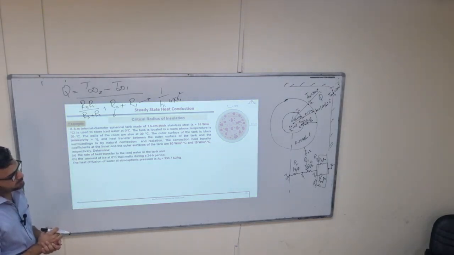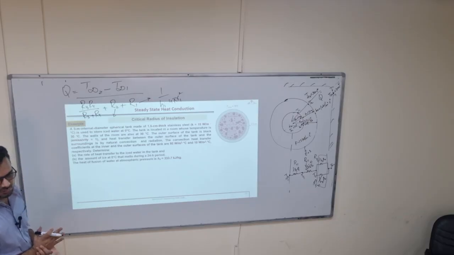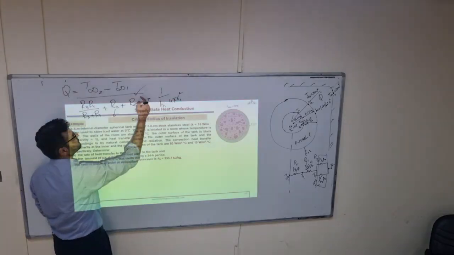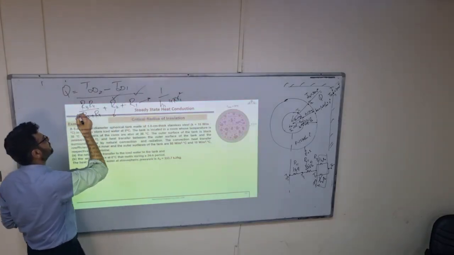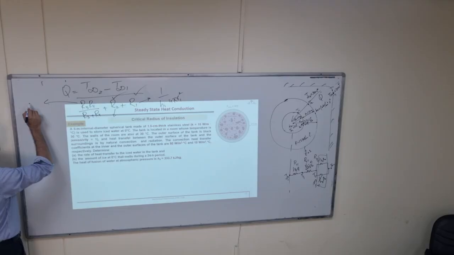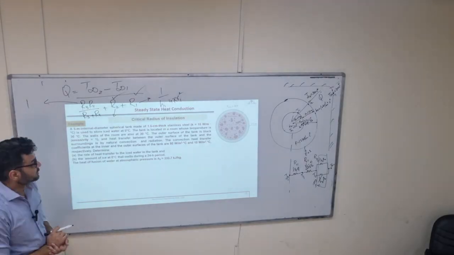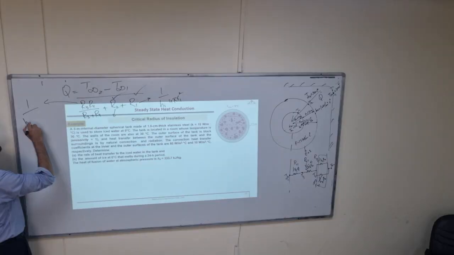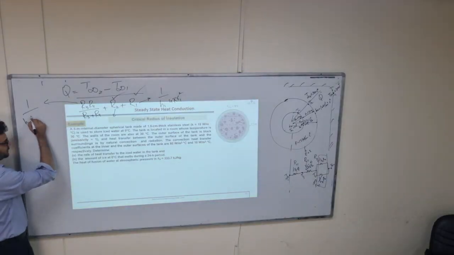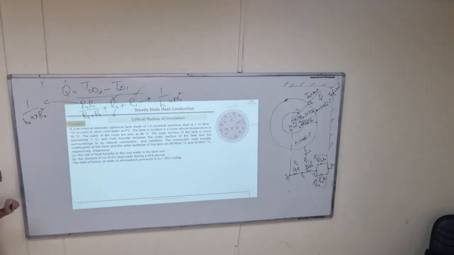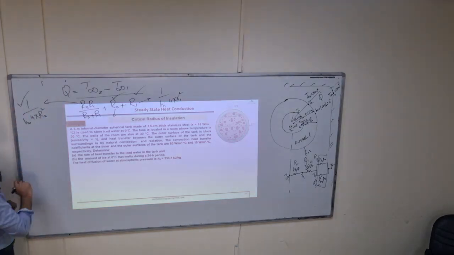R2 is Ro minus Ri over 4 pi k Ri Ro, all given. Okay, all given. Now R3 and R4, what is R3? Convective, right? 1 over Ho A, Ho is given. What is the outside area? Yeah, 4 pi Ro square. So that is also given.